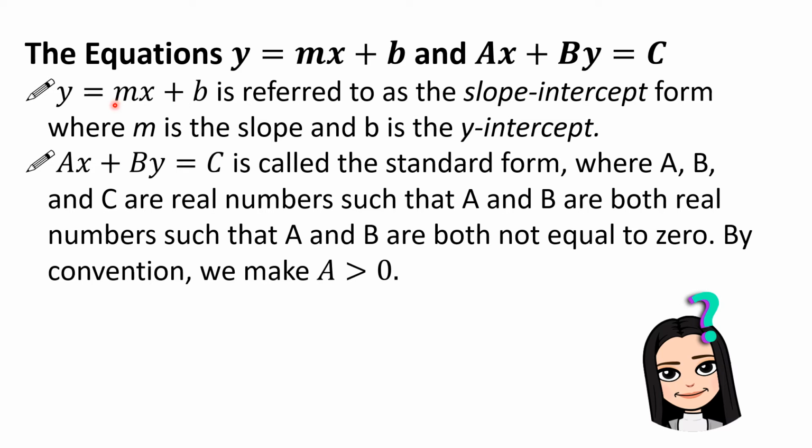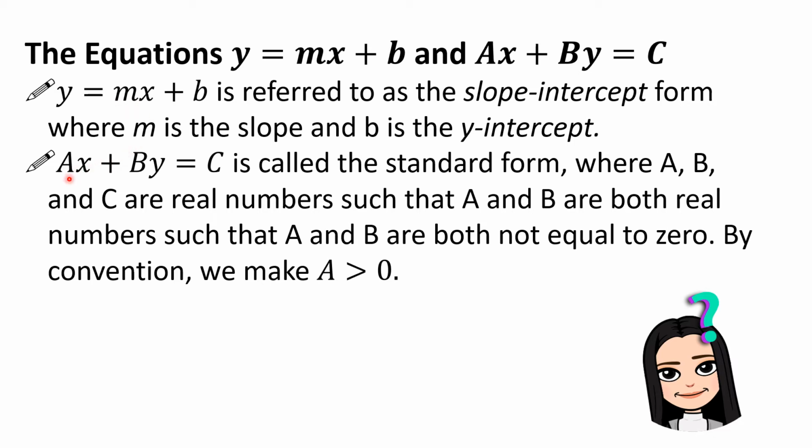Since given ang slope, ang m, ang katabi ng variable x, siya ang ating slope, and then given ang ating y-intercept nga si b. So that's why ginatawag siya slope-intercept form, given si slope and the y-intercept.